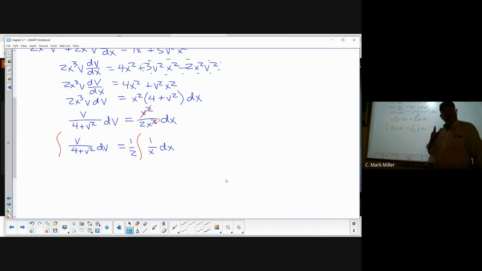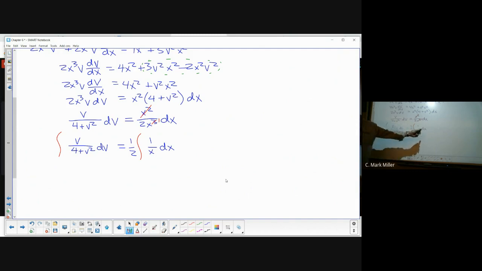I want you to write out on your paper what you think the antiderivative of each of these sides is. I'll give you a clue. They're similar, actually. They're each the same kind of integral, of antiderivative.